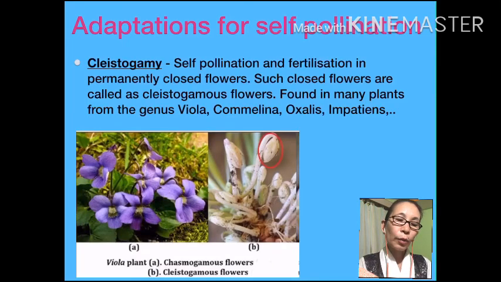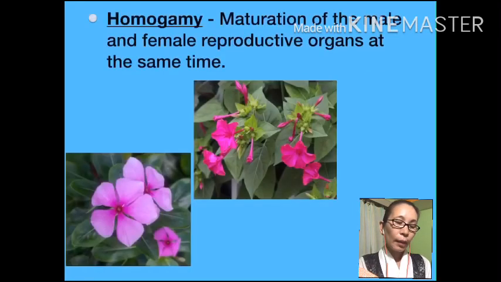Now, here's an image of the two types of flowers in Viola. A is the open Chasmogamous normal flowers, and B are the Cleistogamous closed flowers. Secondly, plants also show a phenomenon known as homogamy.